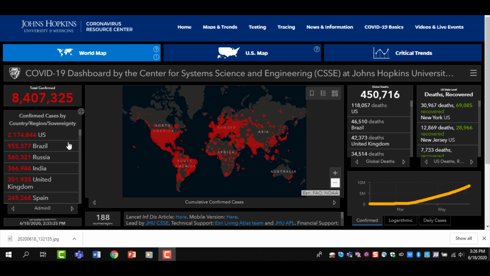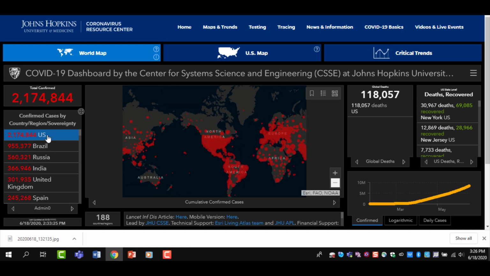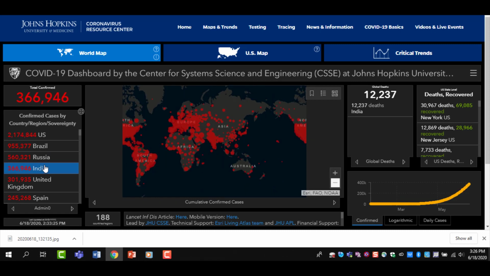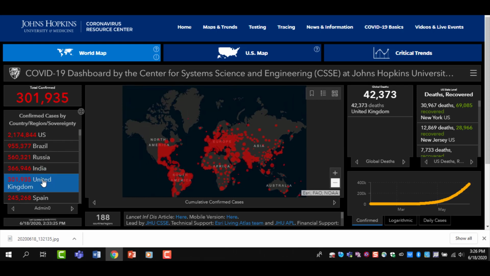Well, let's take a closer look at three countries. The United States, right here, which has over 2 million confirmed cases. India, which has 366,000 confirmed cases, almost 367, and the United Kingdom, which has 301.